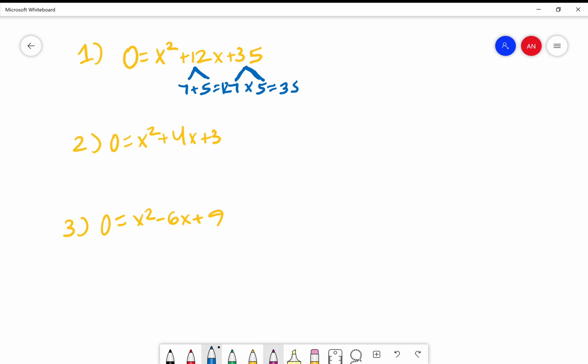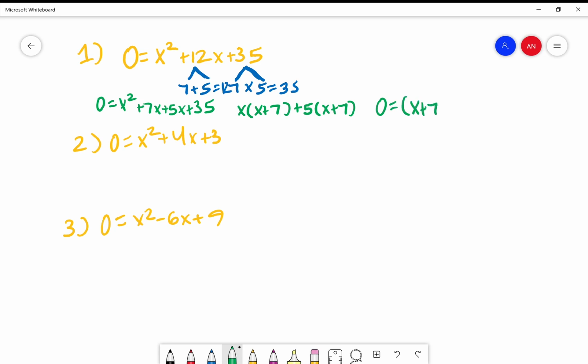From there, we can rewrite it as 0 is equal to x squared plus 7x plus 5x plus 35. Factor it, we get x times x plus 7 plus 5 times x plus 7. And as our final equation, we get 0 is equal to x plus 7 times x plus 5.